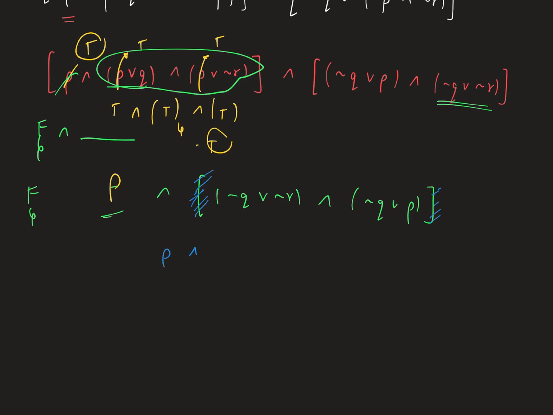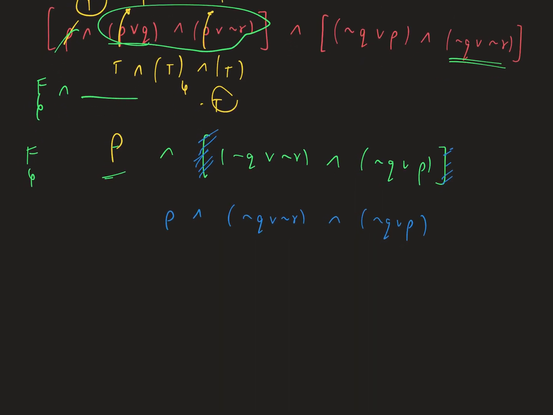So what I'll get is P and not Q or not R, and not Q or P. So I'm gonna pair P with the first group first. So it's gonna be P and not Q, or P and not R. Here's a parenthesis, and not Q or P.